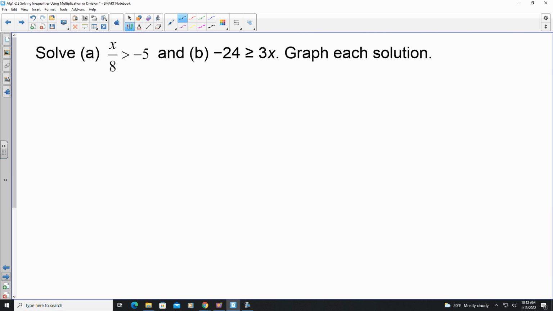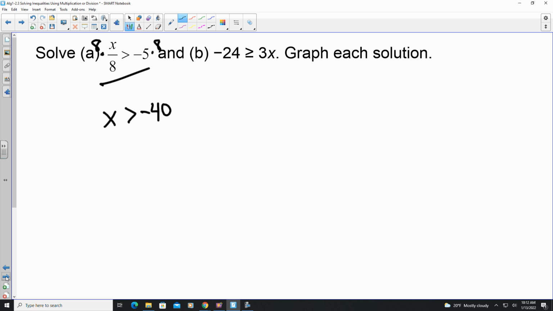So here, for example A, I have x over 8 is greater than -5. Because it's a division problem and I want to isolate it, I got to multiply both sides by 8. I'm multiplying both sides by a +8. So that means that my inequality stays intact. So x is all I have left on the left-hand side. I keep my greater than because it's a +8 I multiplied both sides by.